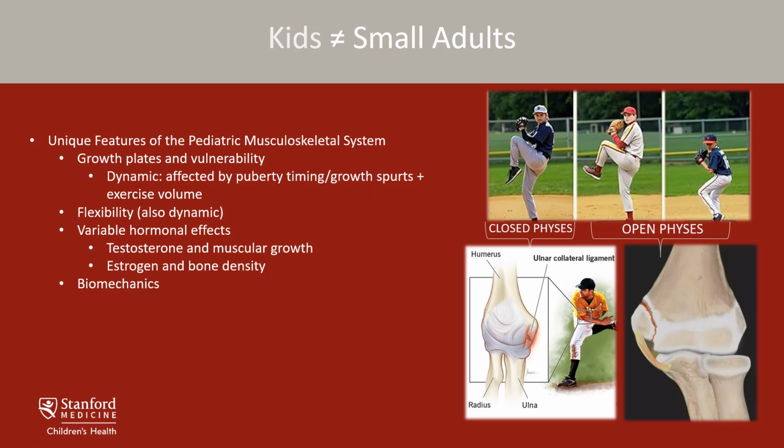Namely, we think about the very strong ulnar collateral ligament, that's the UCL, being affected in adults once our growth plates are closed. But with an open medial epicondyle physis, the teen pitcher's weak point is more likely to result in apophysitis or an avulsion fracture, depending on the story and what your x-ray looks like.